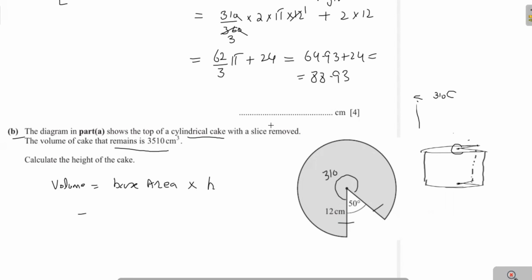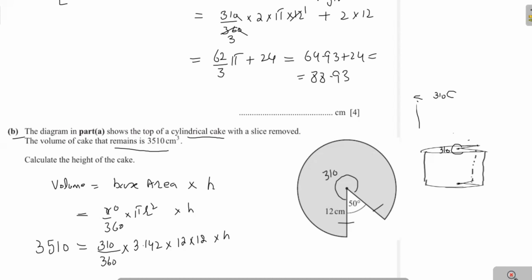The area of sector is equal to x degree over 360 multiplied by πr² into height. The angle of this sector is 310. We write 310 over 360 into 3.142 into radius 12 squared, that is 12 into 12, multiplied by the height, which we have to calculate, and the volume here is 3510 cubic centimeter.